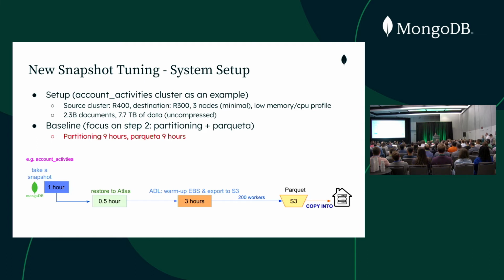Each of them actually takes 9 hours. Total time for the extraction is 18 hours. That's crazy, actually, I think. But it's still better than the original 2 days. In the rest of the slides, I'm going to talk about how we reduced these 18 hours down to 3 hours.